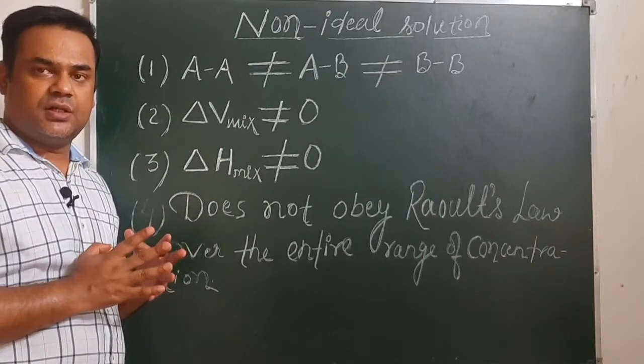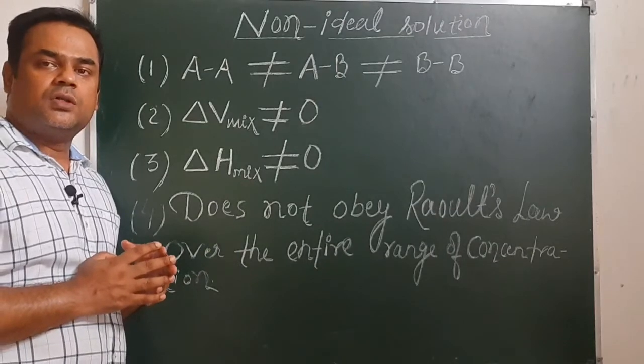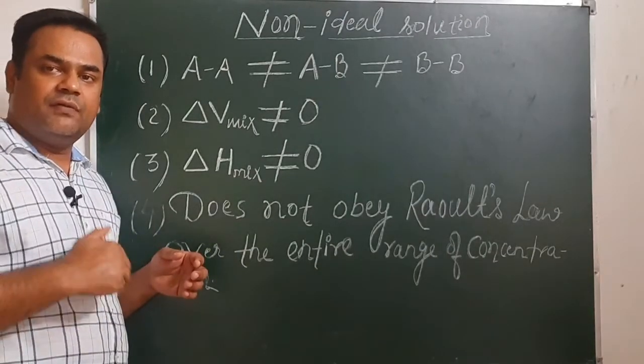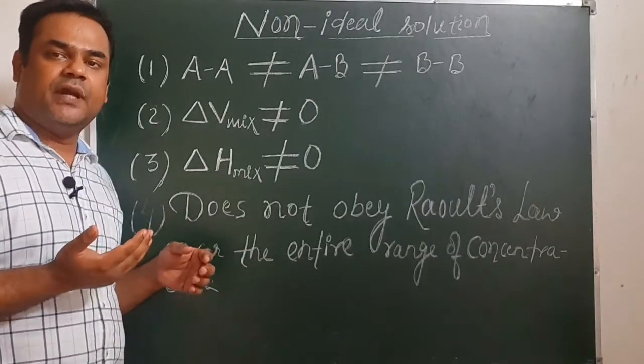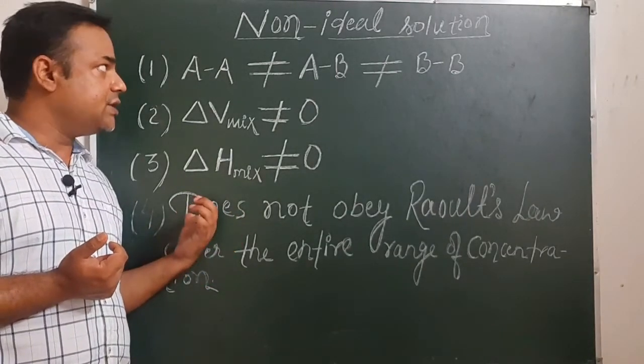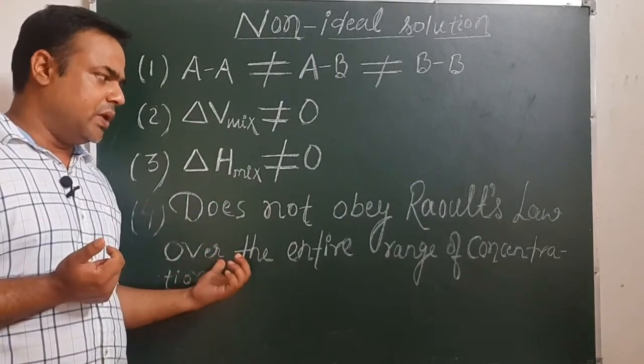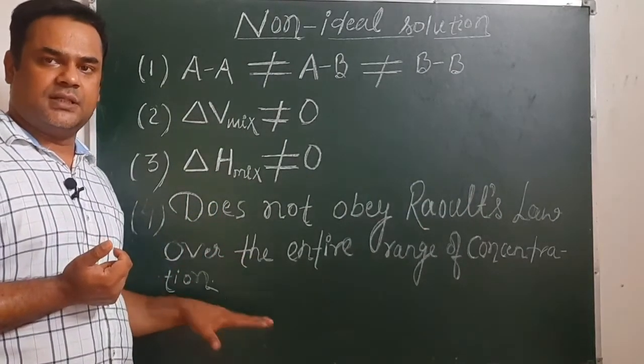Ideal solution follows Raoult's law in the entire range of concentration, with no limitation. But a non-ideal solution follows Raoult's law only at very low concentration, and when we increase the concentration, it deviates from ideal behavior. So the condition for a non-ideal solution is that it does not obey Raoult's law over the entire range of concentration.